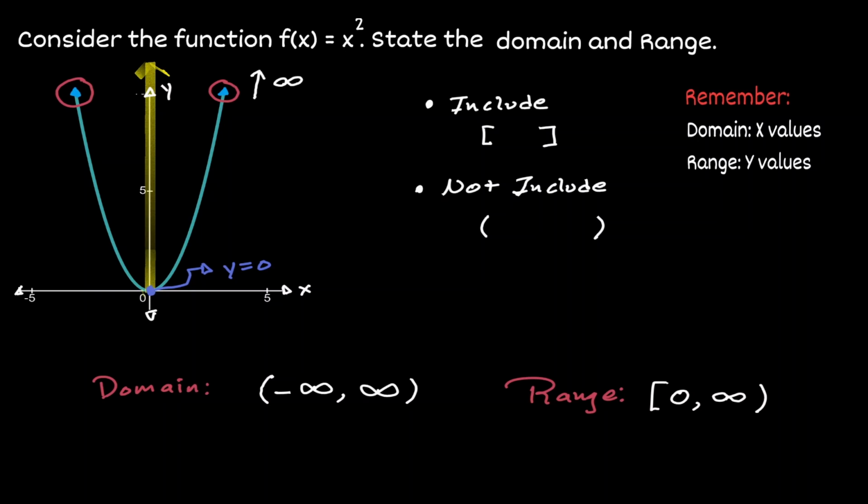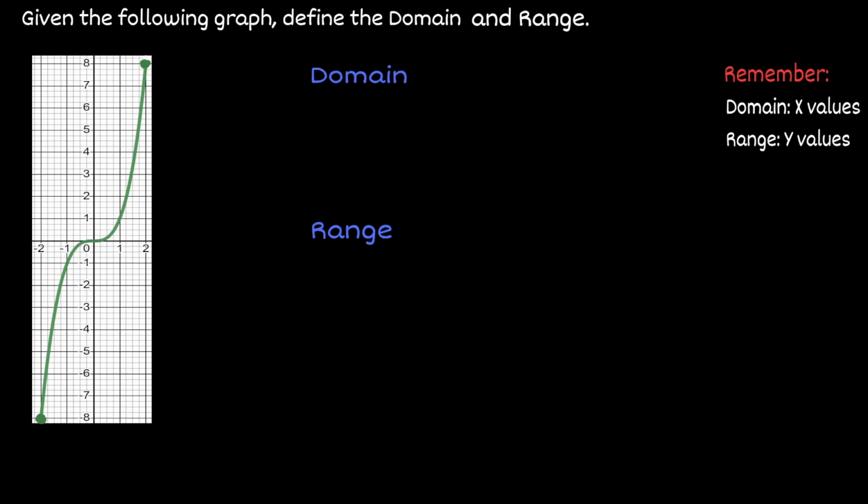Let's take a look at one more example. So let's consider the graph on the left. Let's start by identifying the domain of this function. Let's look at all the possible x values that we can use. One thing to notice is that now in this graph, we do not have arrows pointing up or down. So we know that this function will not move without a bound.